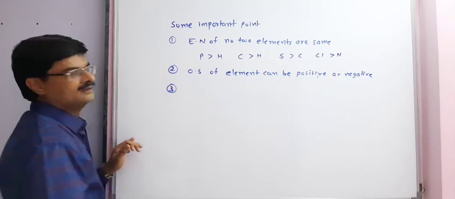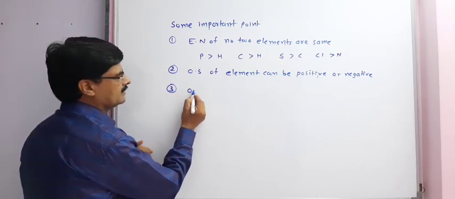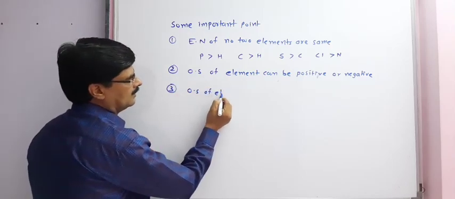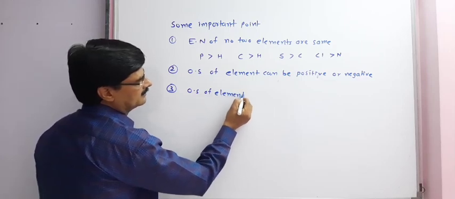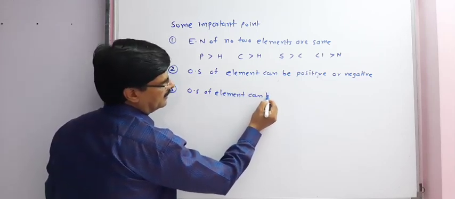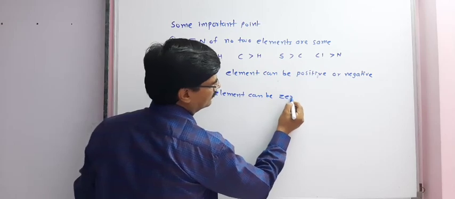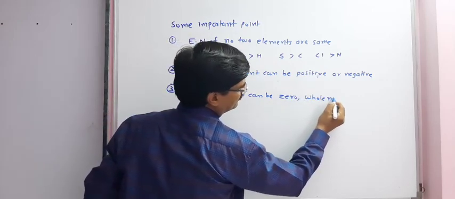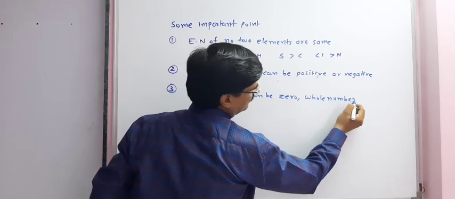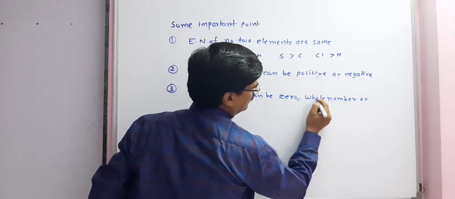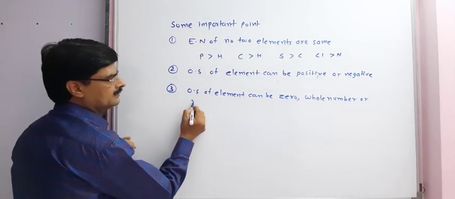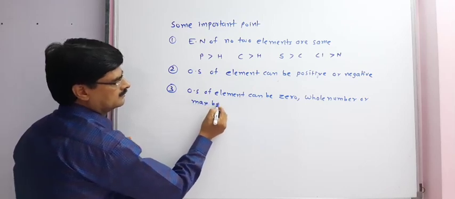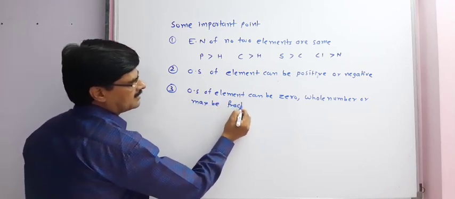Third point, the oxidation state of an element can be 0, or it may be a whole number, or it may be a fractional value.